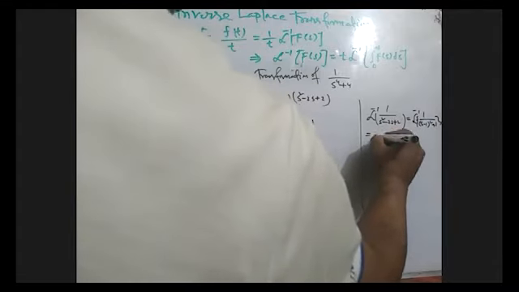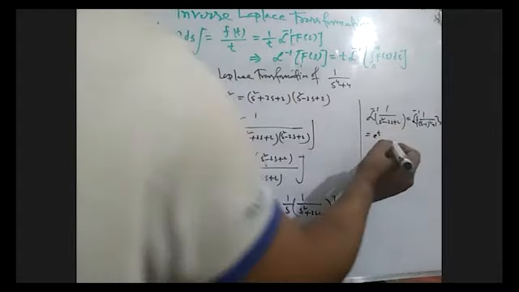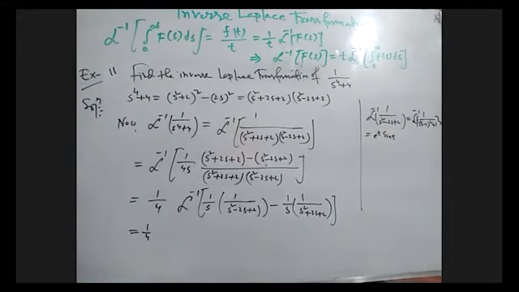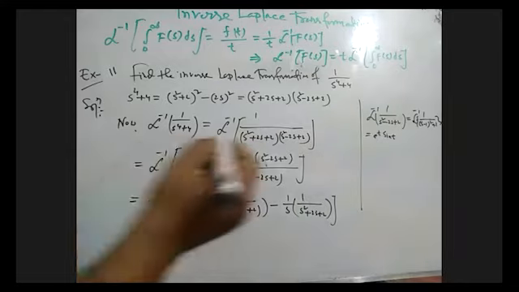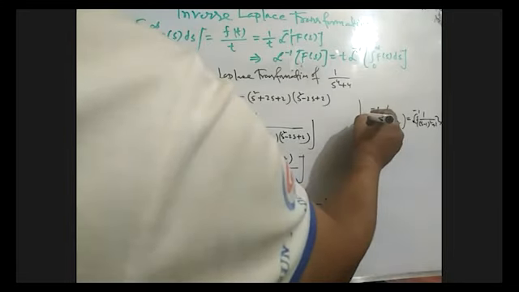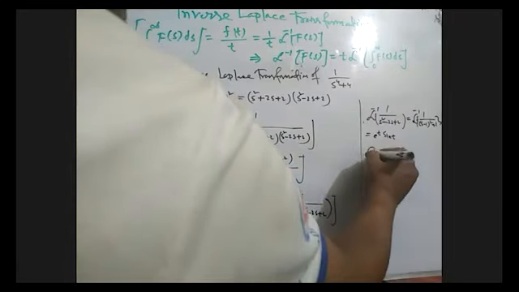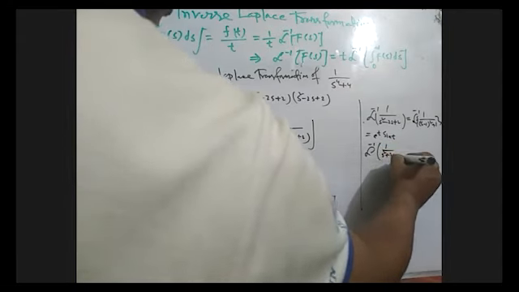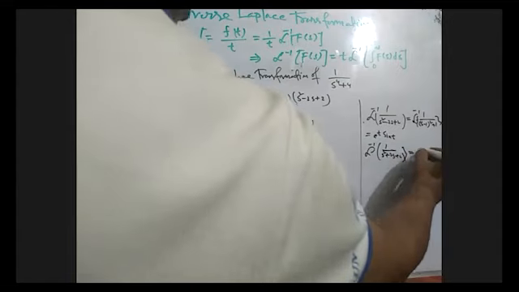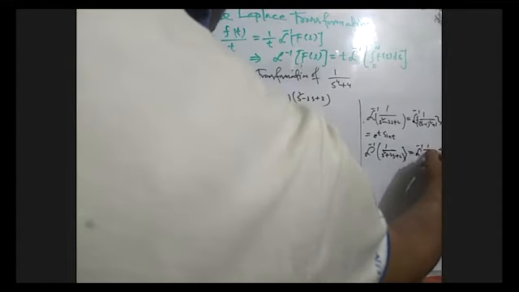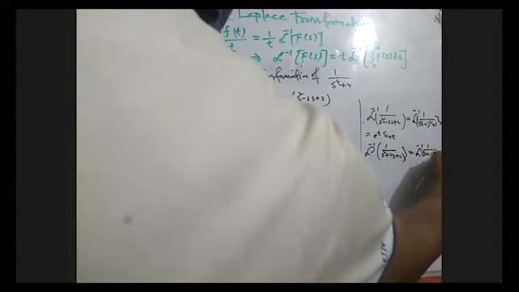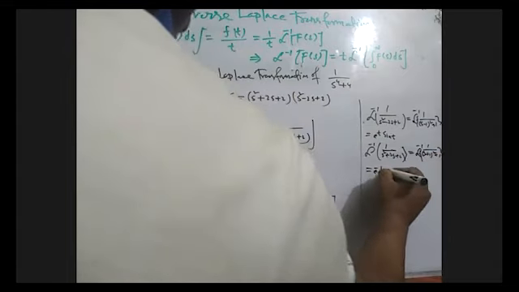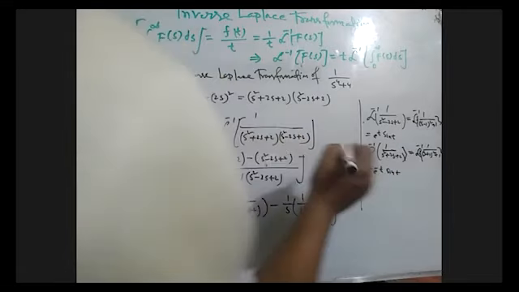This equals e to the power t sin t. Similarly, another one, the inverse Laplace transformation of 1 by s square plus twice s plus 2, which is the inverse Laplace transformation of 1 by s plus 1 whole square plus 1. So this equals e to the power minus t sin t.